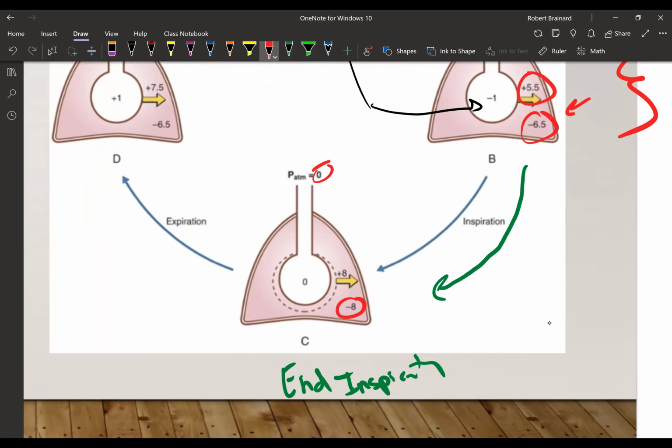And that makes sense because if we've got a 0 atmosphere and a 0 lung or alveolar pressure, then there's not going to be any air movement. But the lungs are still at a greater volume because we just inspired. And so if we've got a -8 intrapleural pressure, then our transpulmonary pressure, transmural pressure, that is the expanding pressure of the lungs, is going to be at a +8. Okay, that's at the end of inspiration.